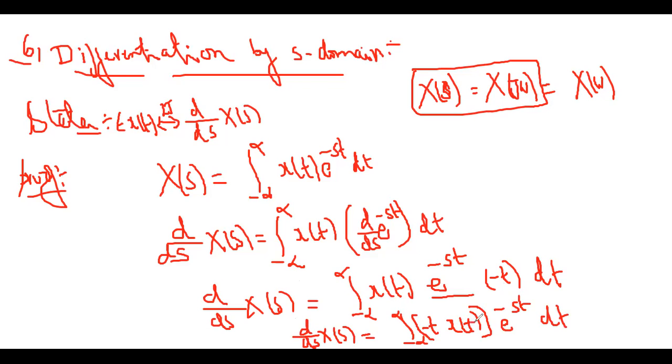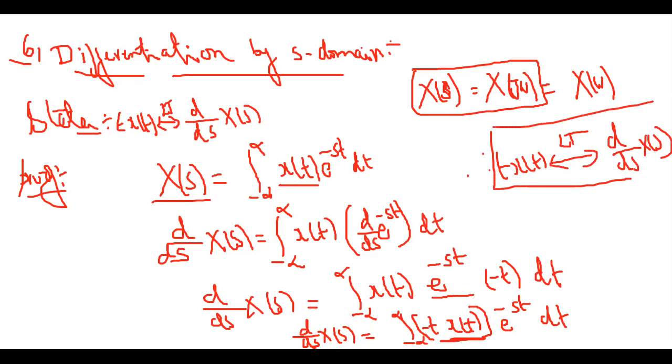Now you can see here, for x of t, apply the Laplace transformation and we get X of s. Similarly, you can apply the Laplace transformation to t into x of t. Therefore, the Laplace transformation of t into x of t is minus d by ds of X of s; this is a Laplace transformation pair.